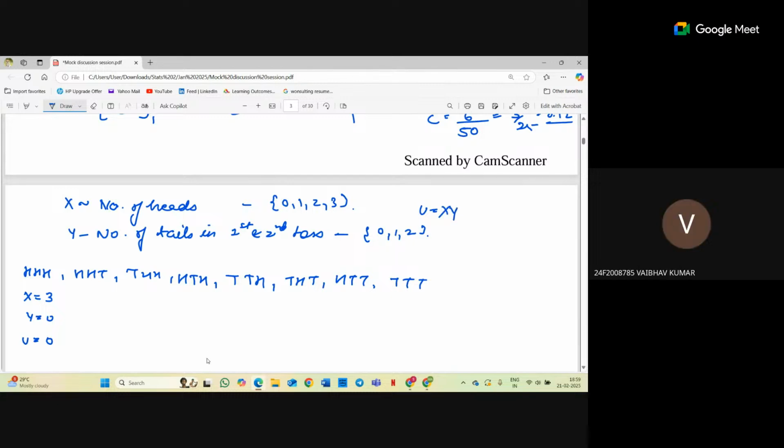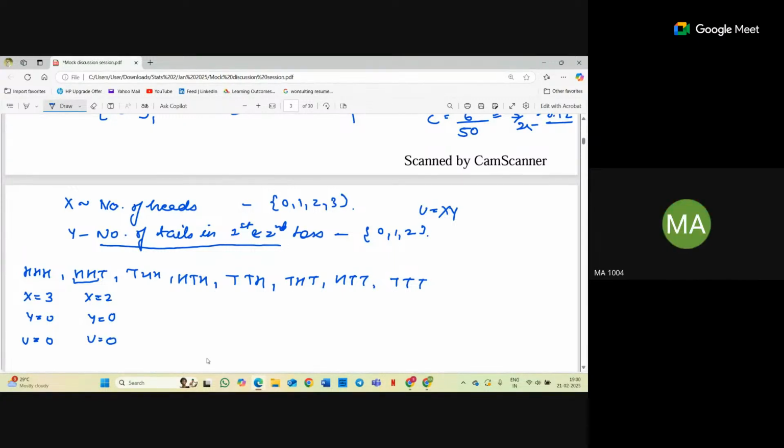Yes, ma'am. Now, for this, my value of x is 2 and the value of y is 1? No, y is the number of tails in the first and second toss. In the first and second toss, it is heads, not tails, so the value of y would be 0. So my u is 0.